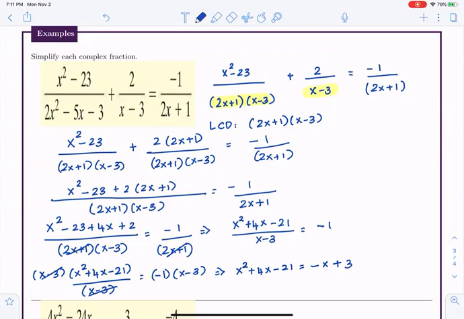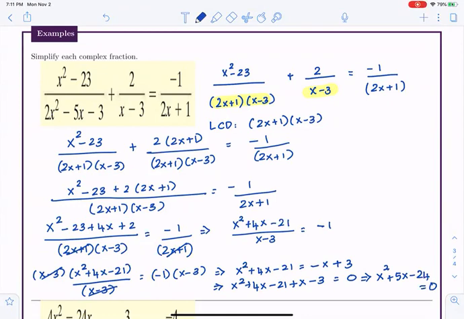Move all the terms to one side, so we will end up having x squared plus 4x minus 21 plus x minus 3 equals 0. So x squared plus 5x minus 24 equals 0.